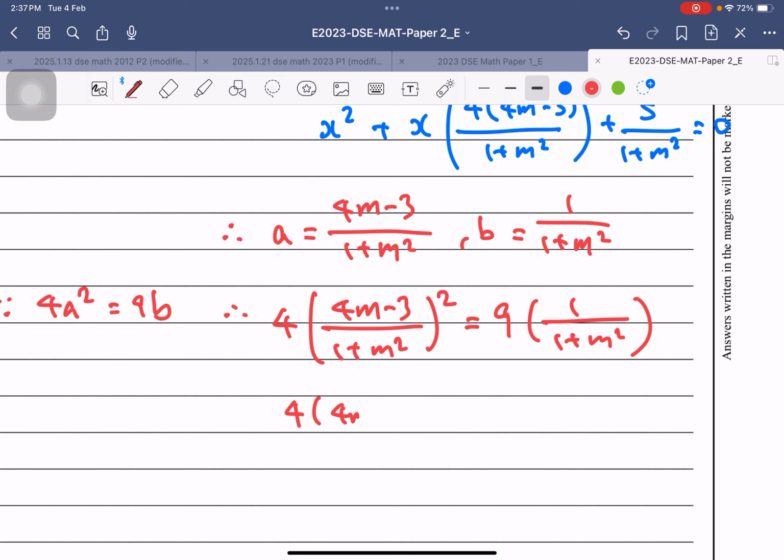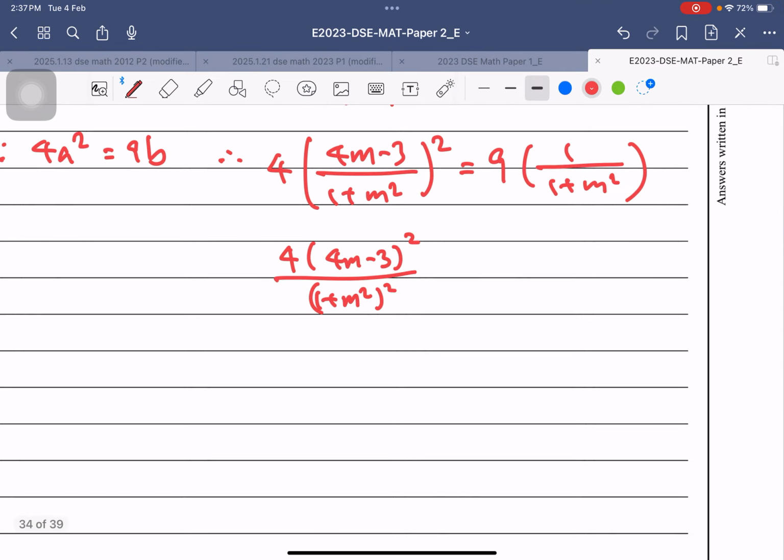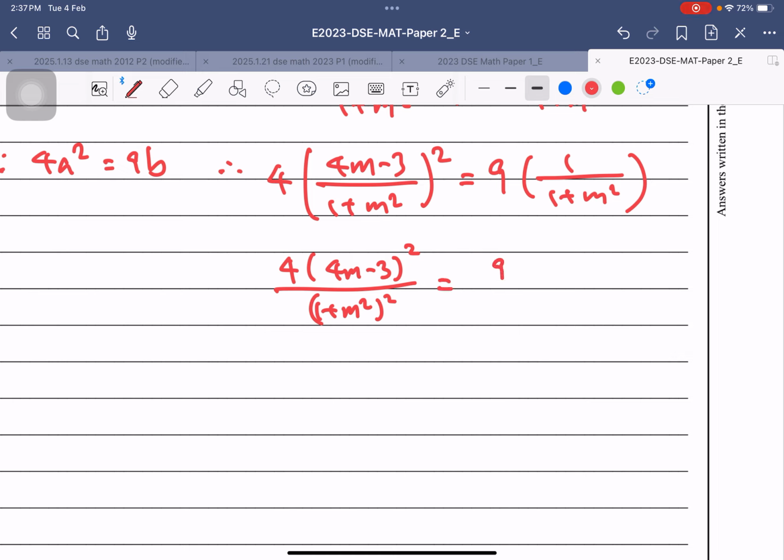So I have 4m minus 3 squared divided by 1 plus m squared squared, equal to 9 over 1 plus m squared. I don't need to cross multiply because the two denominators are the same. I can just move the whole thing to the right and multiply it.